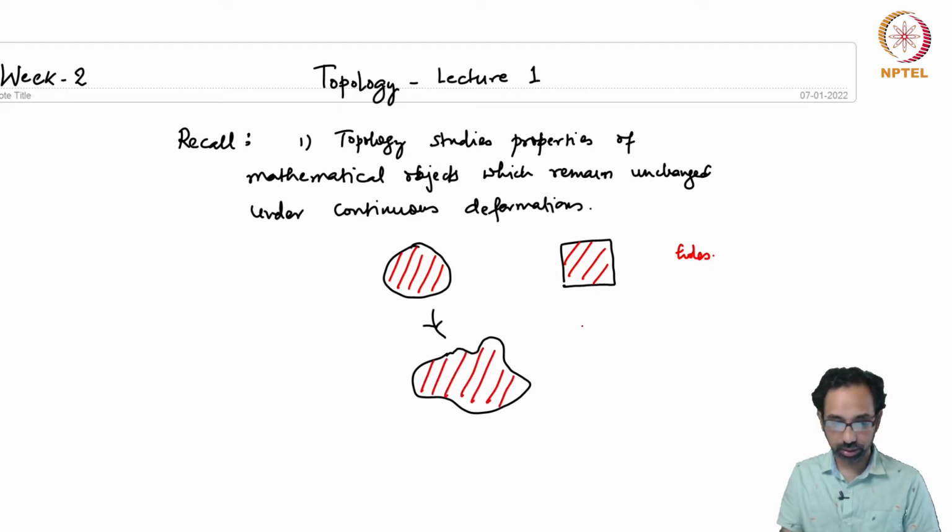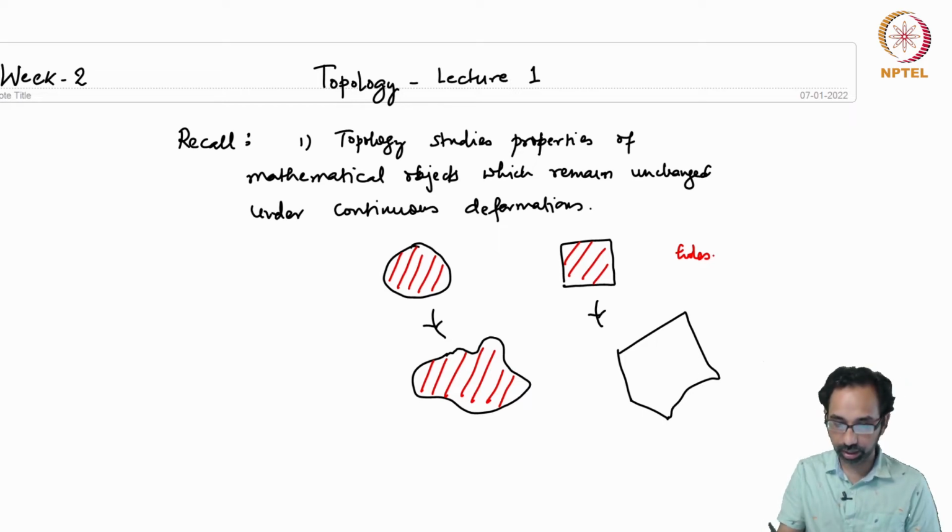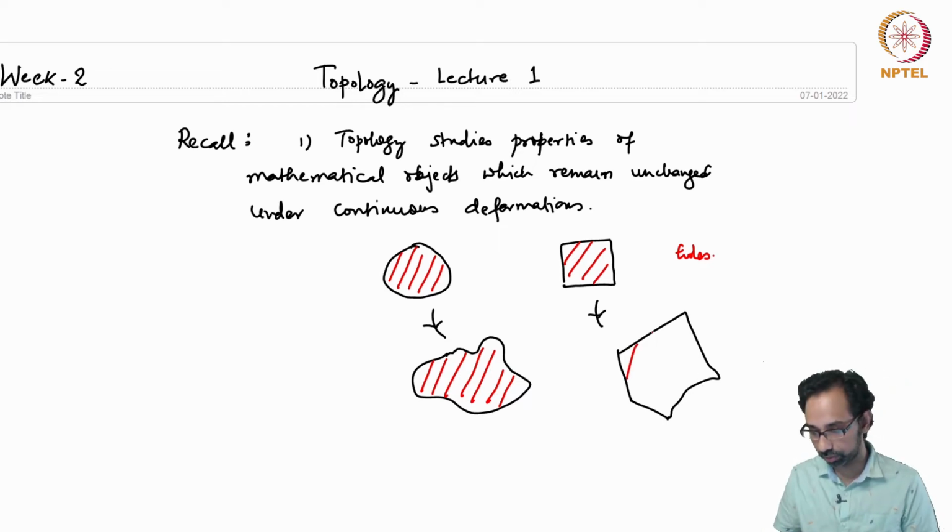Similarly, you can deform the square to some other shape, say something like this, and again your number of holes remains the same. So under continuous deformations, this property remains unchanged, that the number of holes is the same.